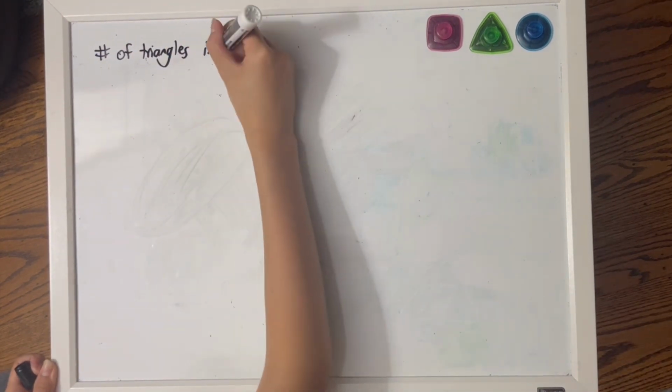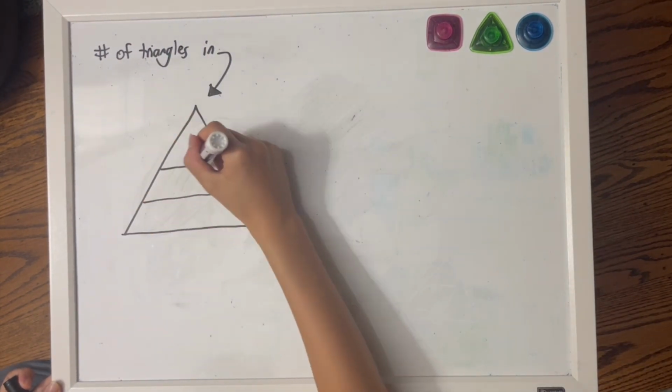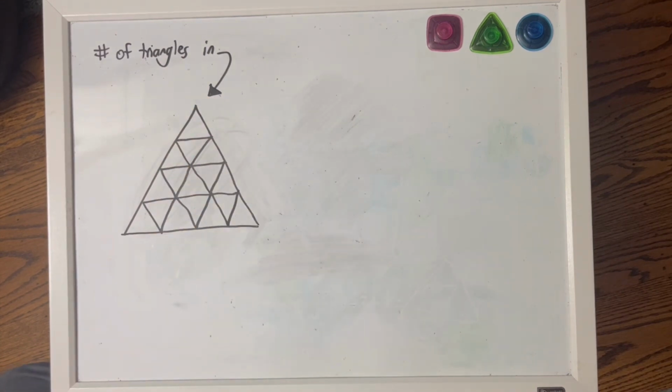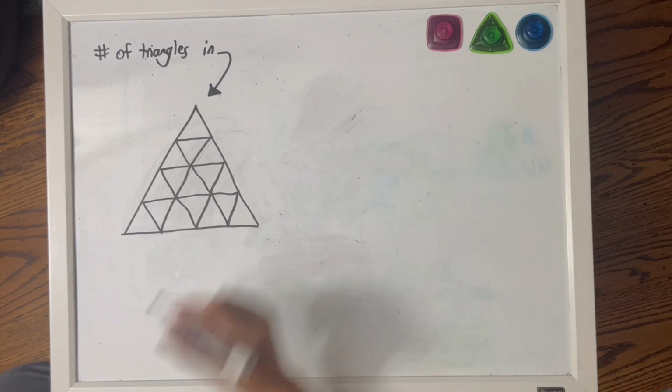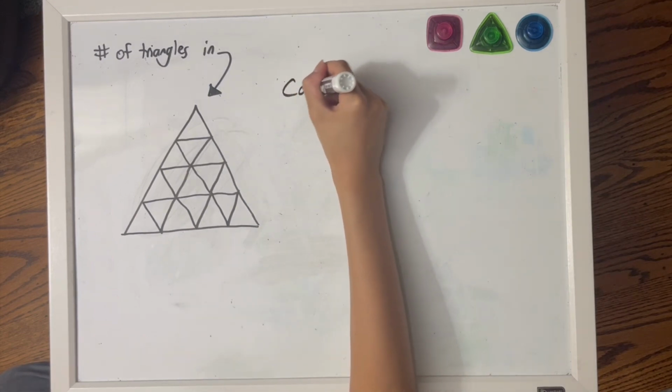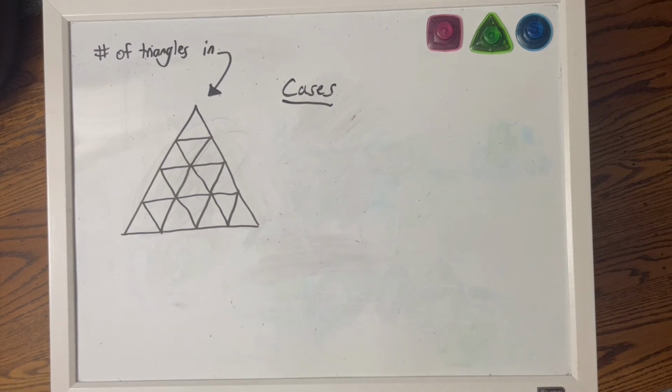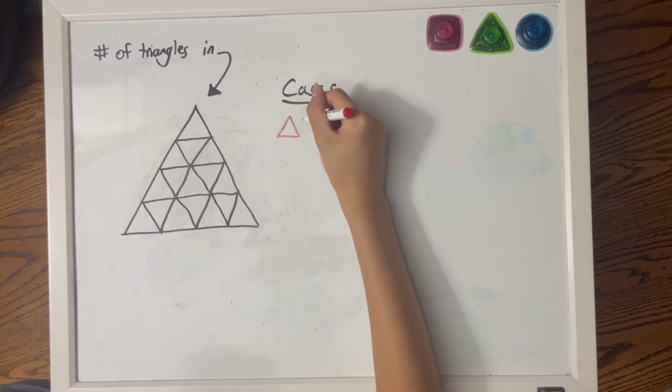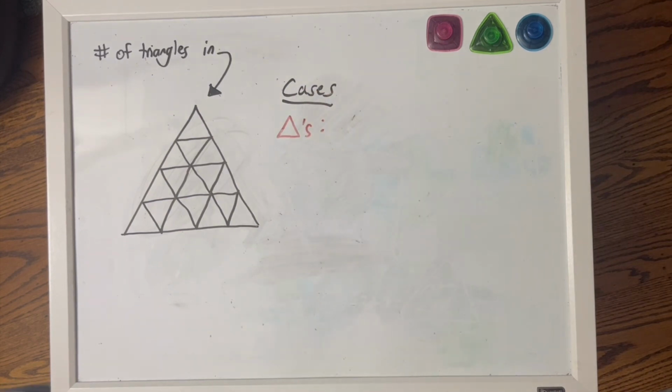Here's another problem. How many triangles are in this picture? This one is more tricky. In fact, whereas in the previous question we could just count the number of rectangles and squares, this time let's try and use different cases. In other words, different categories that we can count. So there's the category of the smallest triangle that's just made of 1 triangle.